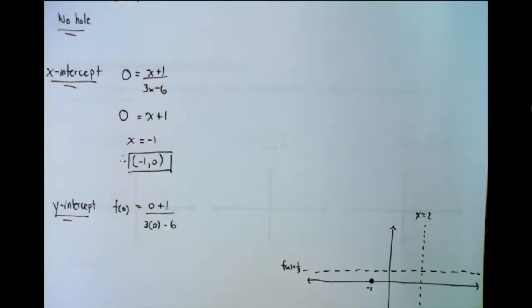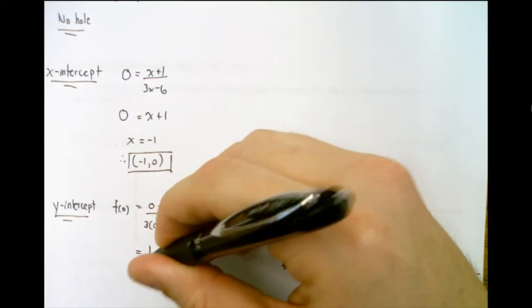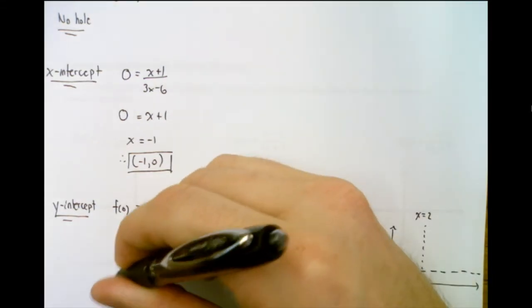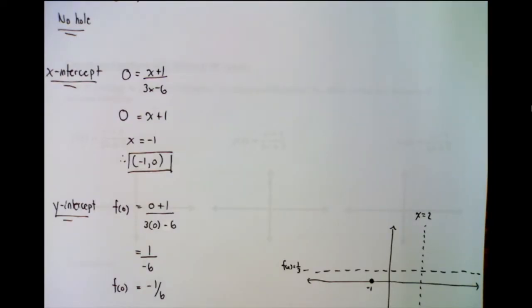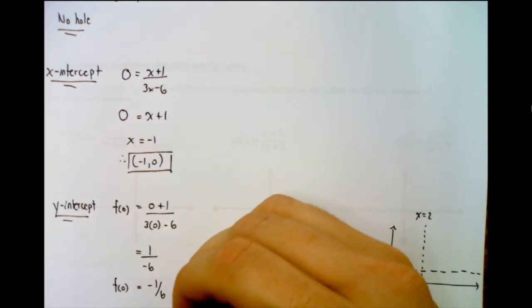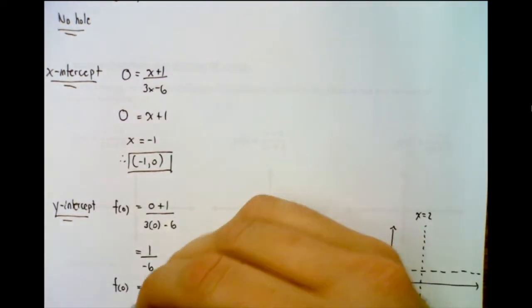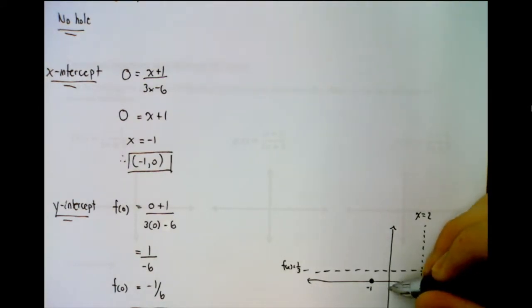And that just comes from our original equation, replacing x with 0. Now if we start to simplify, we would have 1 over -6. So the function at 0 is -1/6. Therefore, 0 comma -1/6 is our y-intercept. And let's put that, a third was here, so we go about halfway. There's our negative 1/6.